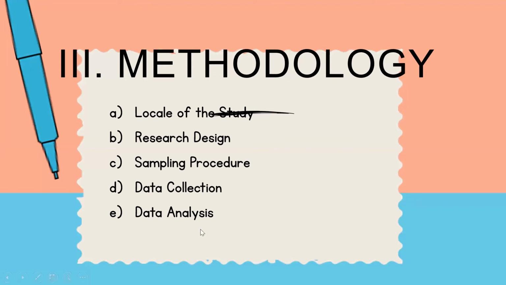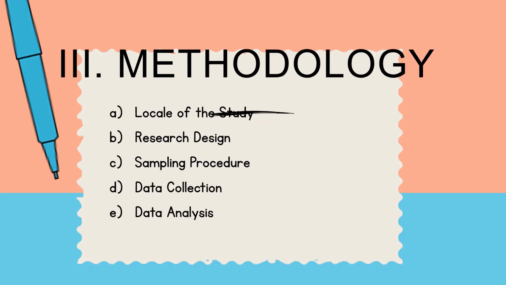And in data collection, you also mention the parts of the instrument. The instrument here refers to your questionnaire. So if your questionnaire has three parts, you mention that the first part is the demographic characteristic, which measures the gender. Okay, for the data analysis, this corresponds to your objectives.